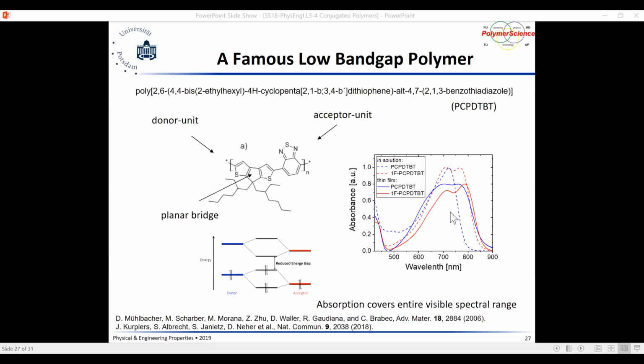With fluorination, we go a little bit redshifted, but also the vibronic peaks are more defined than when there is no fluorination. It's also interesting to see that between solution and the solid state with fluorination, there's not all that much difference, whereas in the PCPDTBT itself, there's quite a bit of a difference.